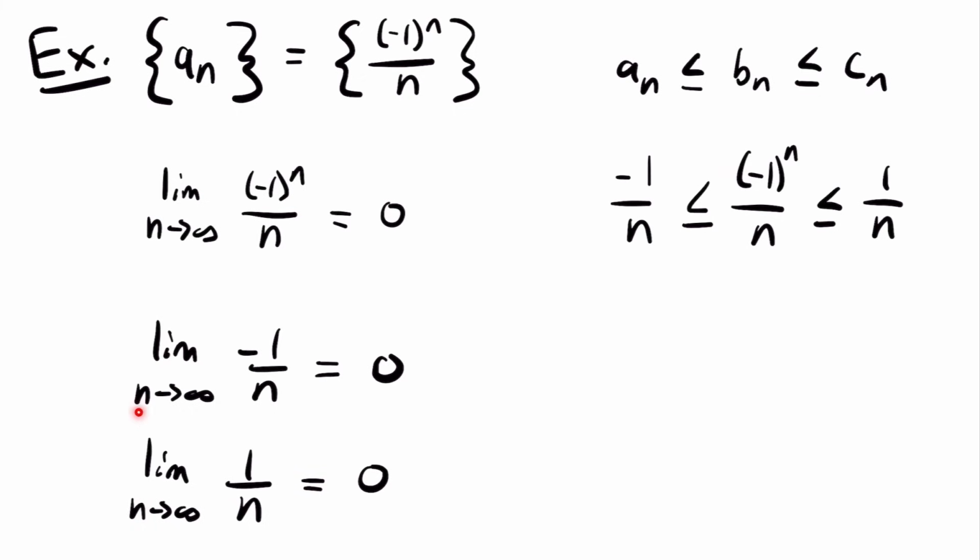And so if the limit as n approaches infinity of -1 divided by n is equal to 0, then we would say that 0 is less than or equal to the limit as n approaches infinity of (-1)^n divided by n, which is less than or equal to the limit of 1 divided by n, which we found is 0. And so since the limit of this sequence has to be between 0 and 0, it has no choice but to also be 0.